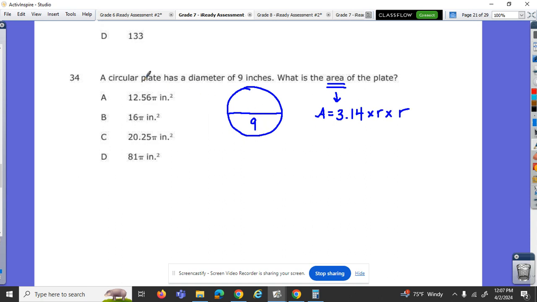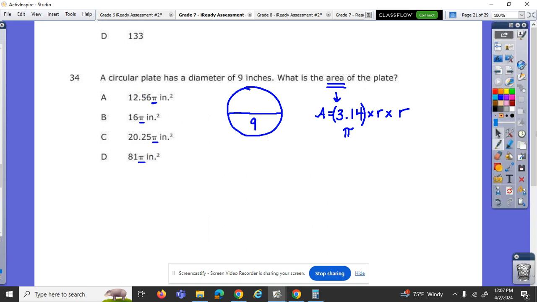Okay, but I want you to look at your answer choices and notice that they've done something a little bit different on this one. Notice that they have used the pi symbol. So we use 3.14 as an approximation, but remember that we are approximating the value of pi. So we're going to keep that 3.14 as pi because that's going to help us get our answer pretty easily.